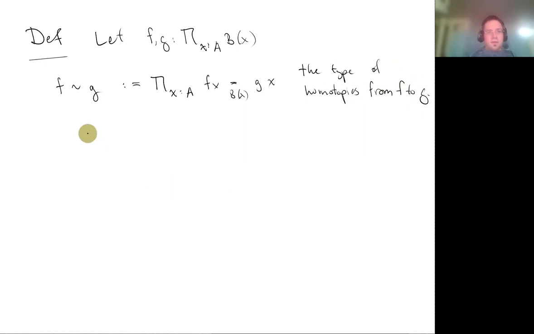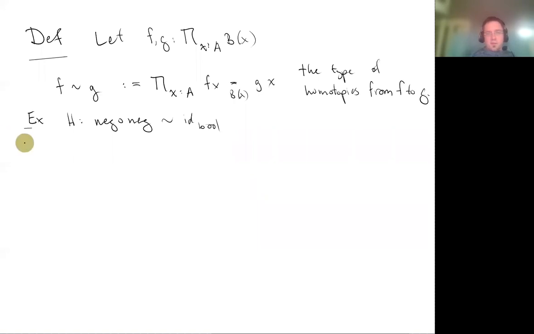Okay, so we just saw an example of a homotopy, we have homotopy H from the negation composed with itself to the identity function on the Booleans.